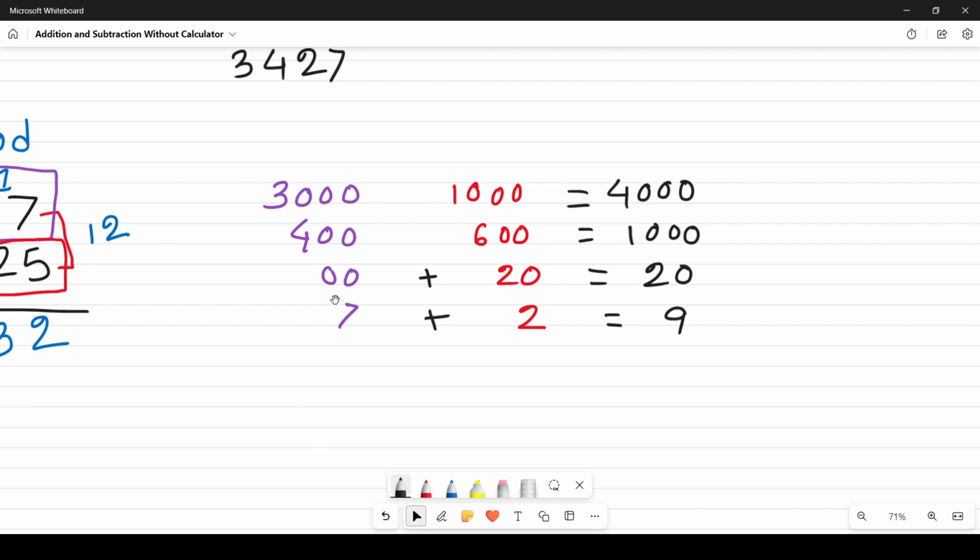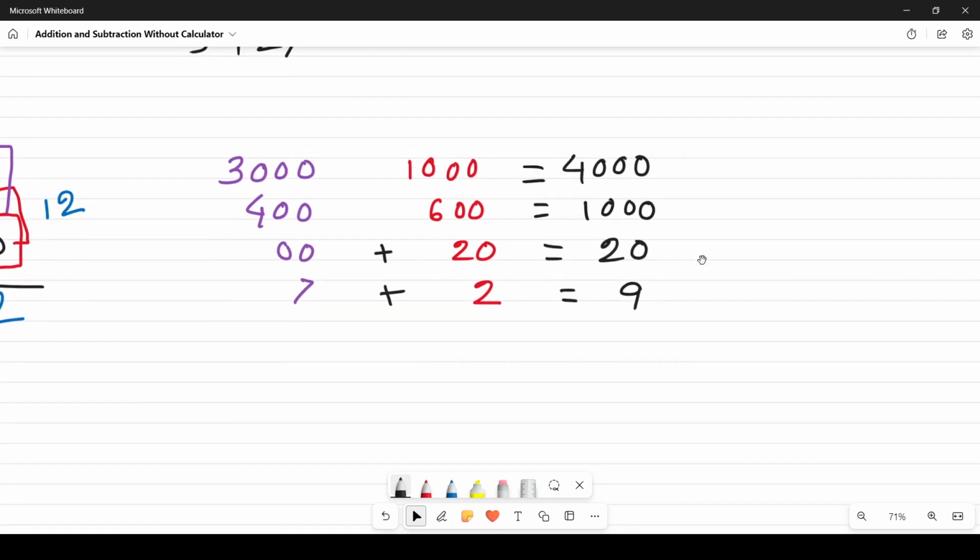So when we are adding 400 plus 600, we are actually getting a number which is in its next place value, right? So when we add 4 plus 6, we are getting 10. So we are putting this 0 here, and then we are adding this 1 with this 3. Why?